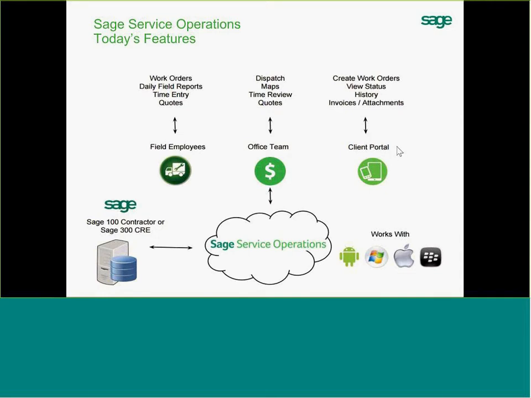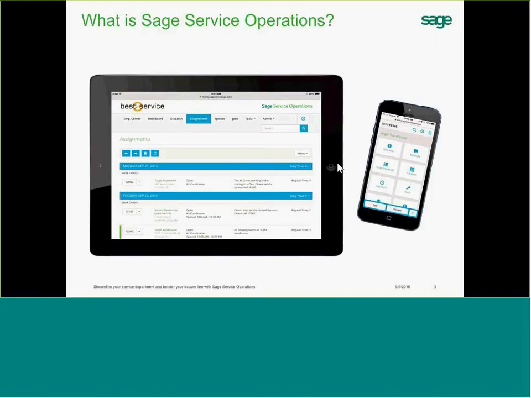We also have a client portal that's primarily focused on service work orders. So if your client is McDonald's and McDonald's wanted to log in and see who was here last week and what they did, they can log in and access that information. And Sage Service Operations works with most platforms. It's generally device agnostic.